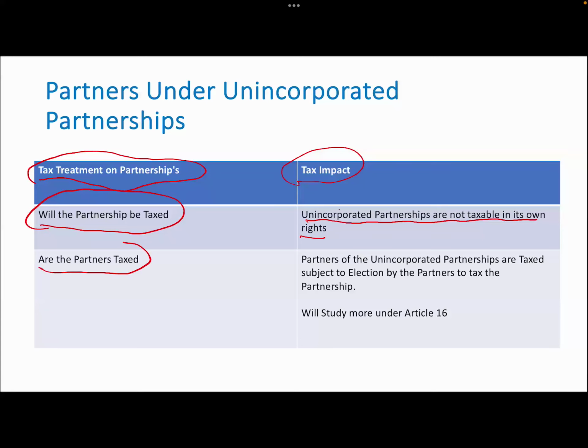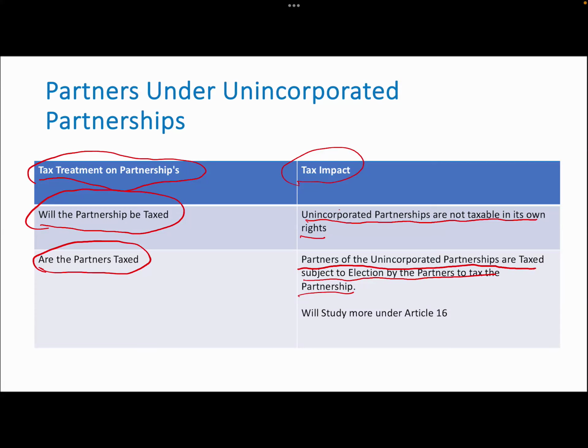Are the partners taxed? Yes. Partners of the unincorporated partnerships are taxed, subject to an election by the partners to the partnership. What does it mean? The partners individually are taxed, but the partners can come together and elect that the unincorporated partnership pays corporate tax as a company.